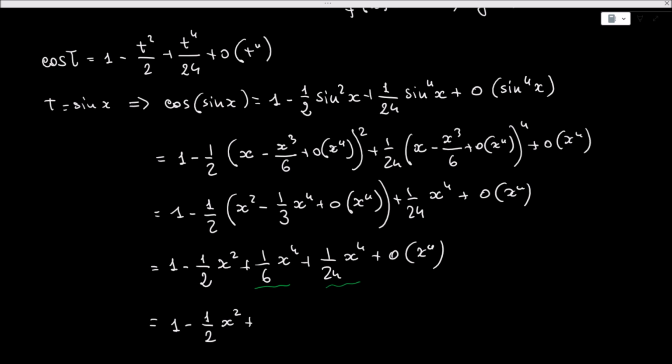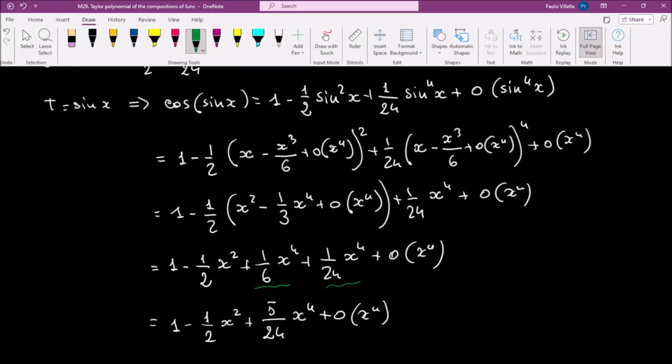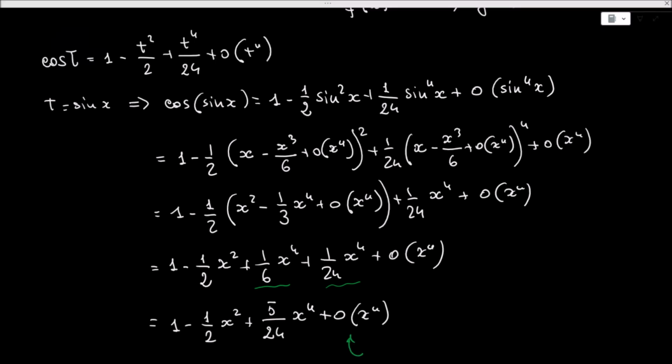Well, this will become 5 divided by 24 x to the 4 plus little o of x to the 4th. And notice something, that indeed these can also be considered as little o of x to the 5th, because we know that this is a composition.